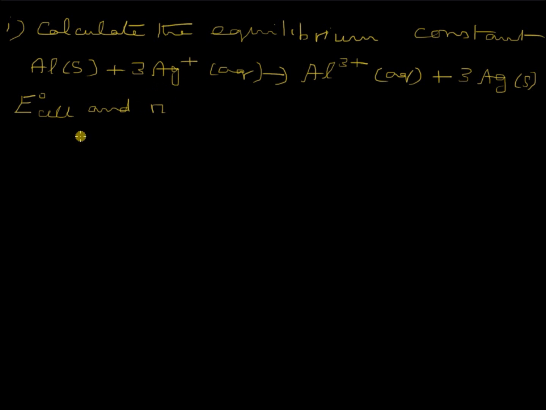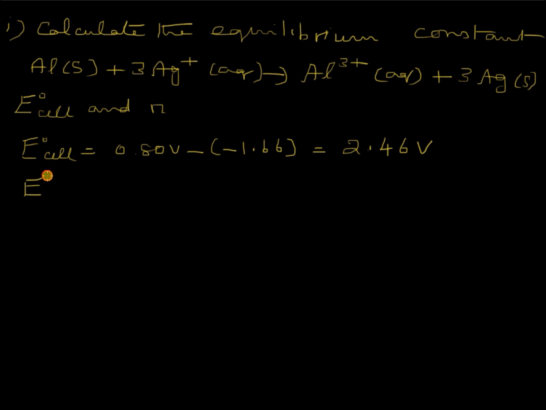So E naught cell is equal to electrode potential of silver electrode, which is 0.80 volt, minus electrode potential of the anode, that of aluminium, which is minus 1.66. So you get a value of 2.46 volt.